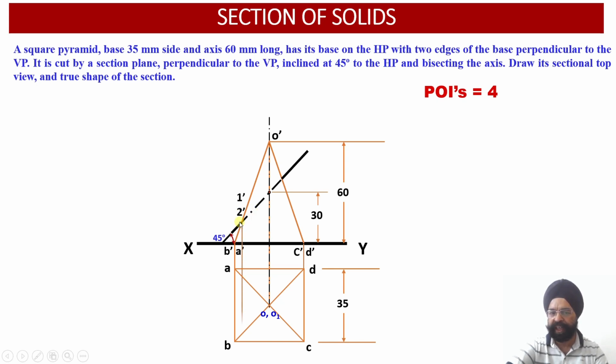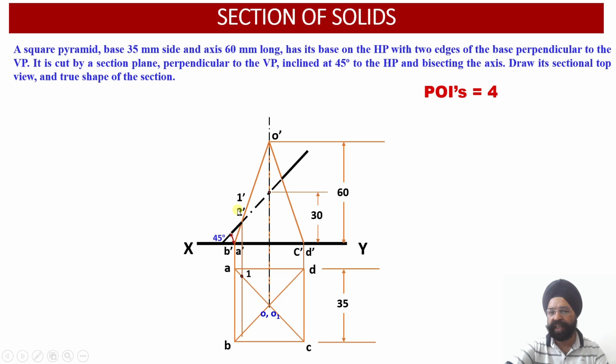So now what I need to do is draw a vertical projector from here. Wherever these projectors intersect OA and OB, I am going to get points 1 and 2 located over here. So let us start. Since 1 dash is the point of intersection of the cutting plane with the front view slant edge O dash A dash, I am going to bring this projector down. Wherever it intersects with the top view projection of this slant edge OA, I get the location of the point 1.